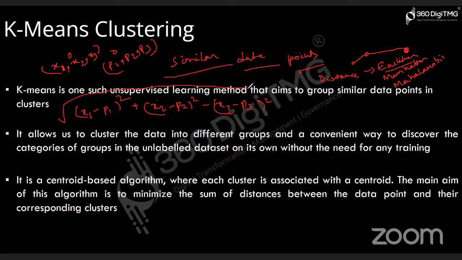So this is the formula for Euclidean distance. Similarly, we are having Manhattan, Mahalanobis. Formulas are different, but if you are doing Euclidean, you should do Euclidean for all the distance measures. If you are doing Manhattan, then you should perform Manhattan distance on all the points, and Mahalanobis on all the points. So this is how we calculate the similarity between 2 data points.